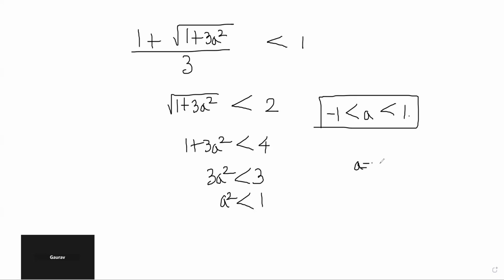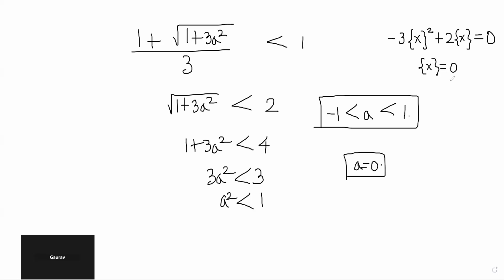If a is equal to 0, what is happening? If a is equal to 0, you will get minus 3 fractional part of x whole square plus 2 fractional part of x equals 0. So we are getting here one solution is fractional part of x is 0, and the other solution is fractional part of x is equal to 2 by 3, right? 2 by 3 will work, yes.